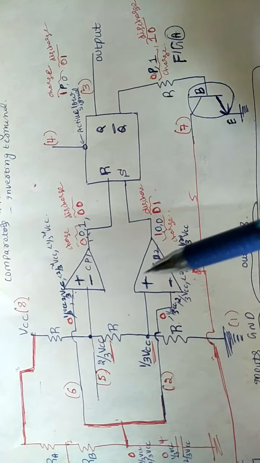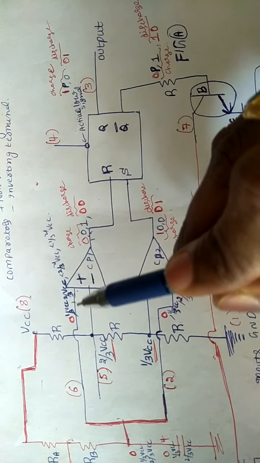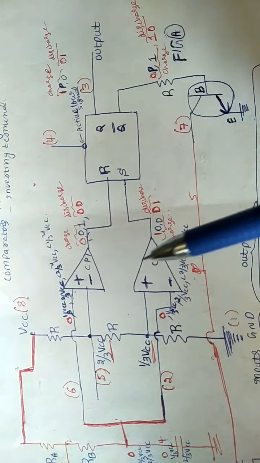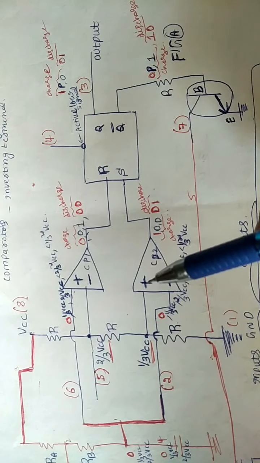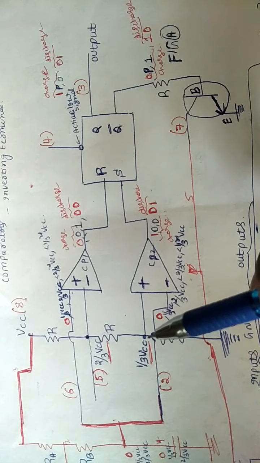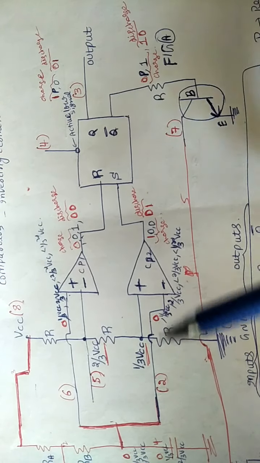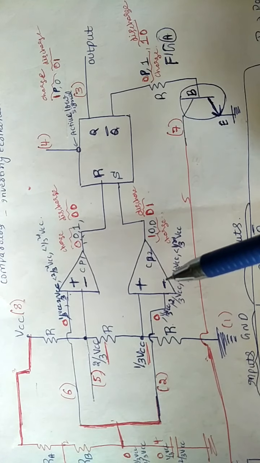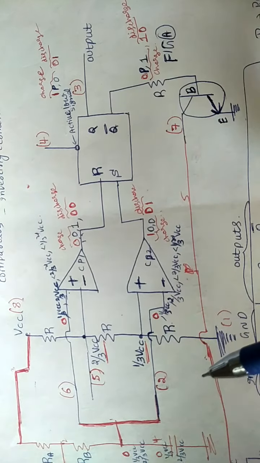The voltage at the non-inverting terminal will vary. If you come to comparator 2, the voltage at the non-inverting terminal, that is plus, is fixed, that is 1/3 VCC, and the voltage at the inverting terminal will keep on varying based on the input you feed here.